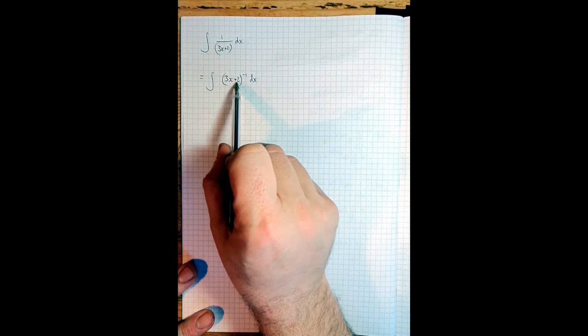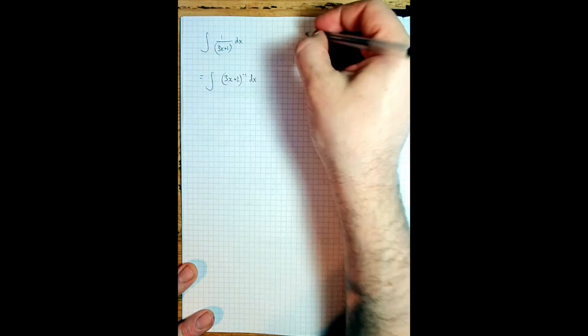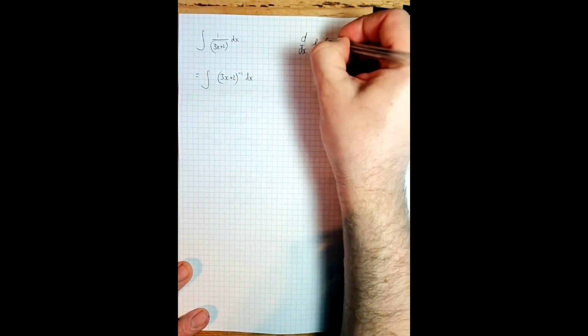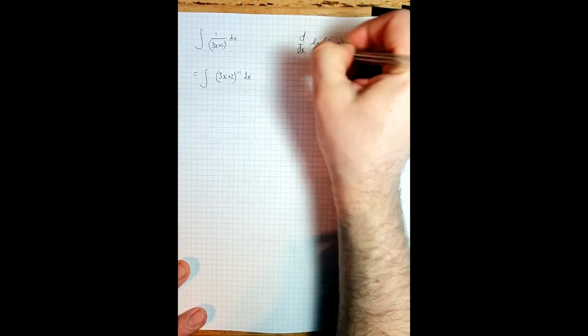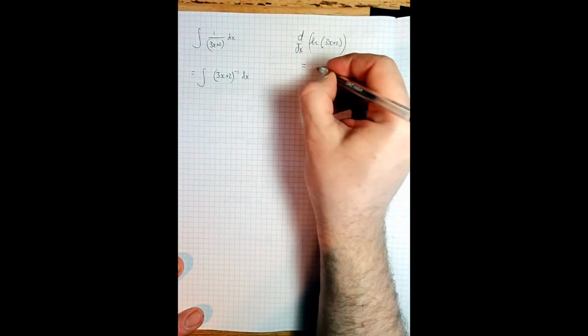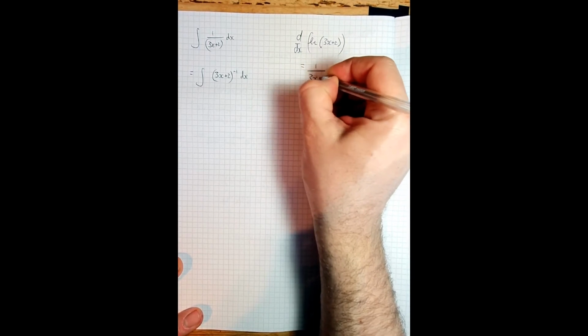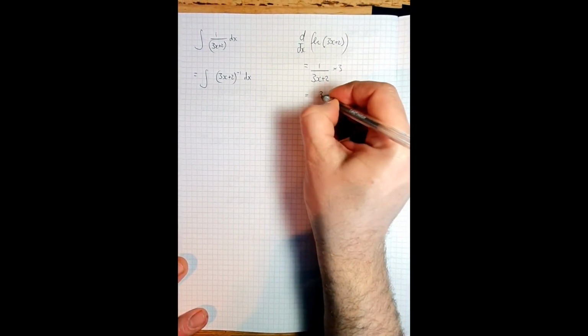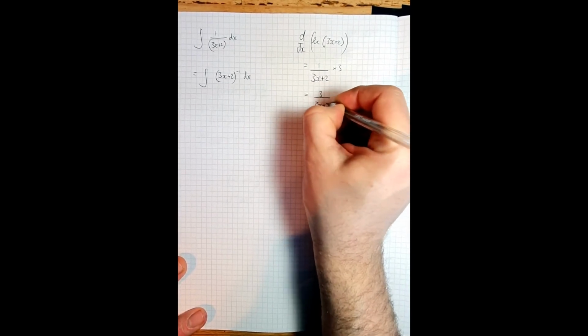It's clearly not anything to do with increasing the power and dividing by the new power, because you can't divide by 0. So I'm going to consider what happens if I differentiate the log of 3x plus 2. Well, log goes to 1 over, and then I multiply by the derivative of the bracket. So that's 3 over 3x plus 2.